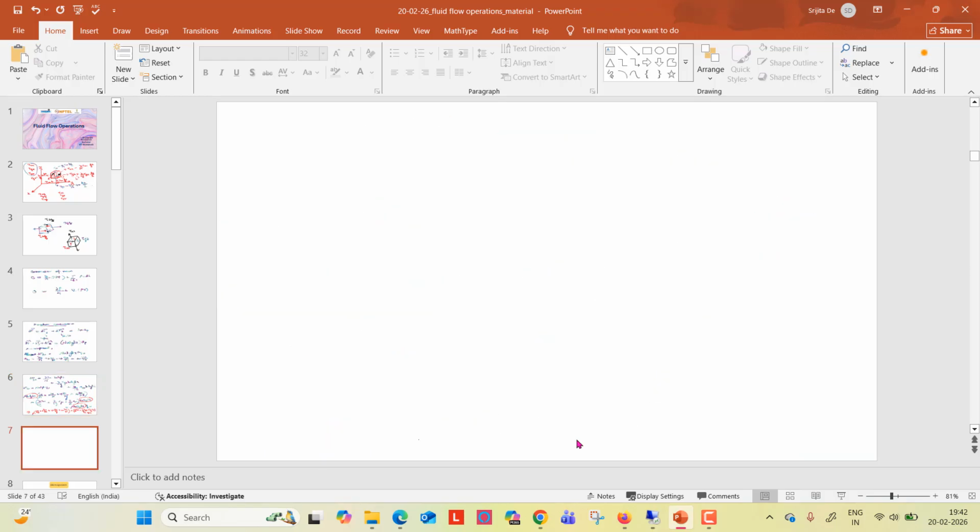Similarly, if you do it on your own, the y component will be, in case of the y component, what you will change to v, right? Because in the x direction the velocity is u, in the y direction the velocity will be v.